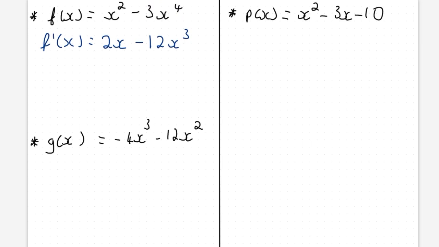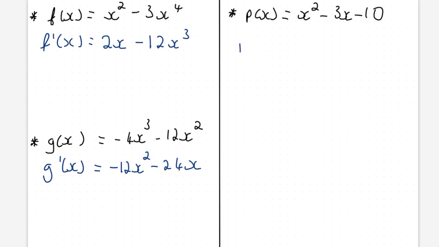Here's another example. g of x is equal to negative 4x cubed minus 12x squared. Well, that would mean that g prime of x is equal to negative 12x to the power of 2 minus 24x to the power of 1. I hope that makes sense. Here we have that p of x is equal to x cubed minus 3x minus 10.